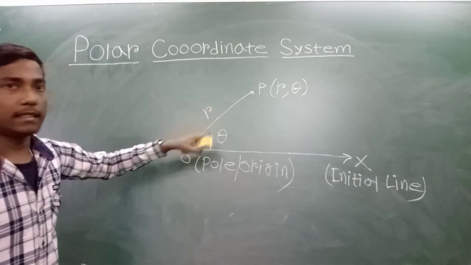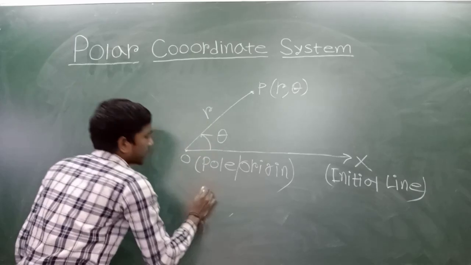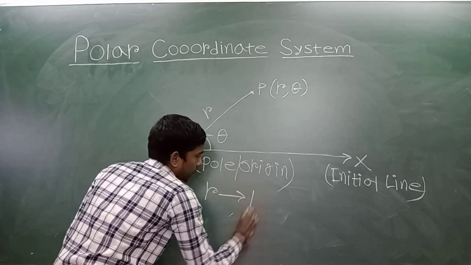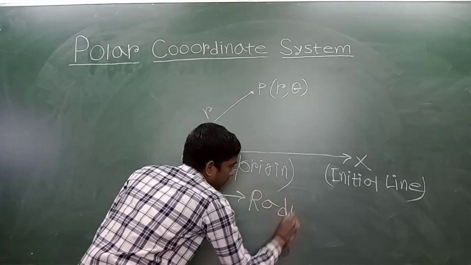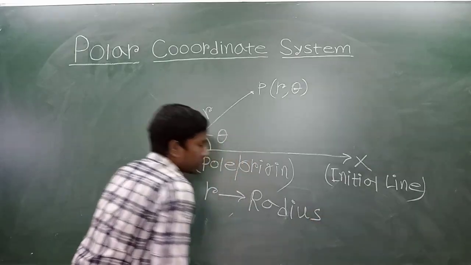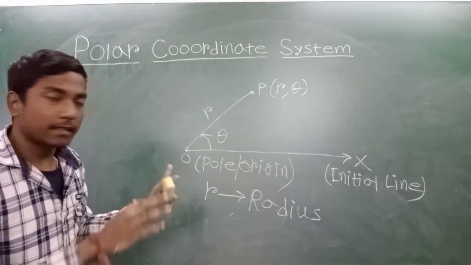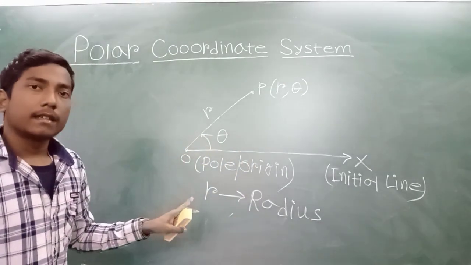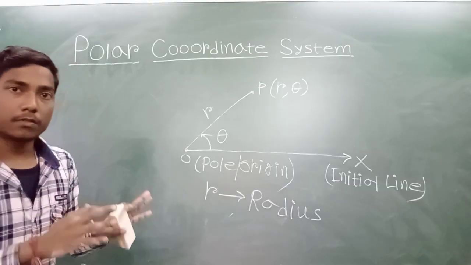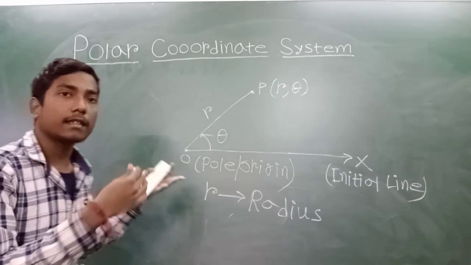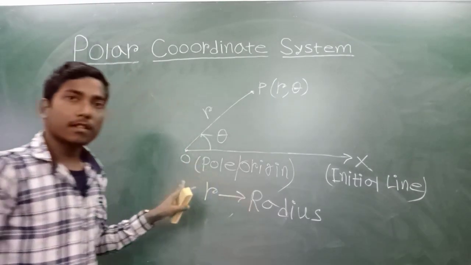Now this distance r is termed the radius vector. No, it doesn't mean that it's a vector. Yes, there are similarities with vectors which we can use as an analogy, but no, it's not a vector.